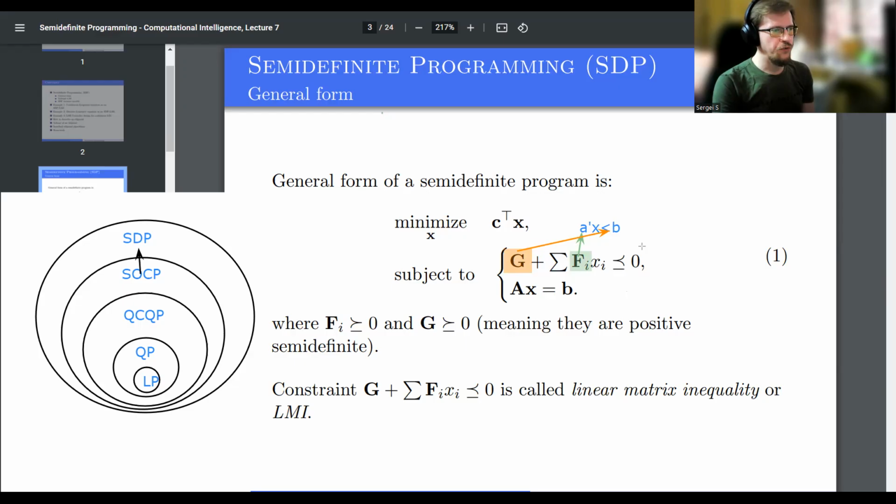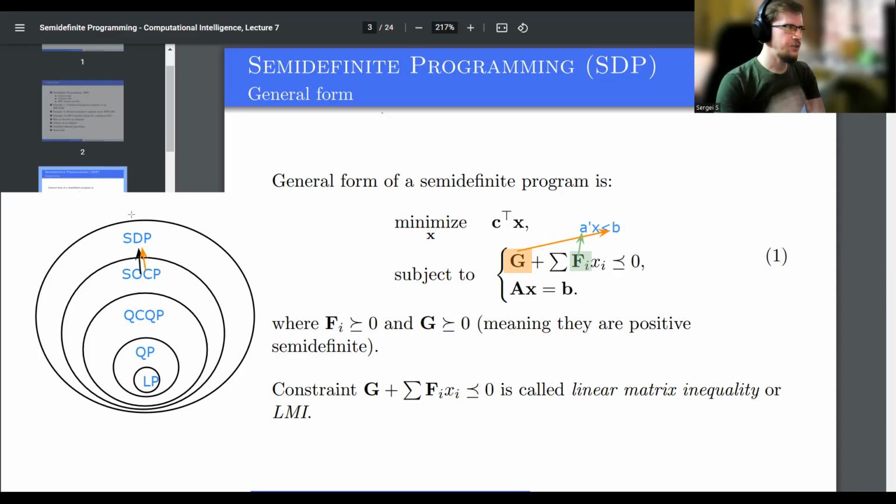So this is how you go from LMI to linear constraints. You just shrink them to scalar size. And that is essentially how you go from here to there. How do you go to QPs and so on? I mean, we can show it, but we'll just prove this connection here, SOCP to SDP.